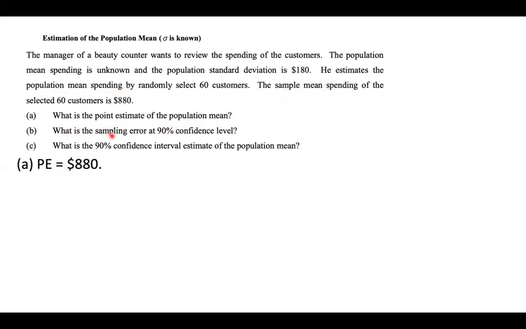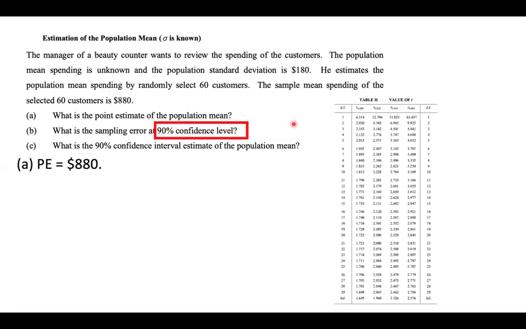Next, what is the sampling error at 90% confidence level? Every time you see sampling error at some confidence level, this is 90%, but it could be other numbers as well. We use this table. For the first column in here, it is 90%.